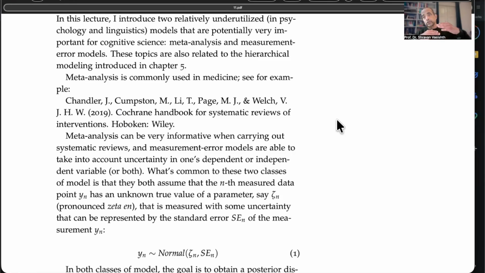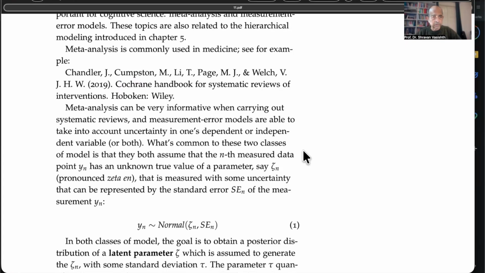If you're going to look at all the published studies, let's say in language acquisition, some studies might not be eligible because they're looking at a different subpopulation. For example, if you're interested in native speakers' data and you have a study from non-native speakers, that's obviously not eligible for the meta-analysis. So there are selection criteria that one can set up, and they discuss all that in the Cochrane handbook. You can take a look at that. And there are, of course, many other books on this.